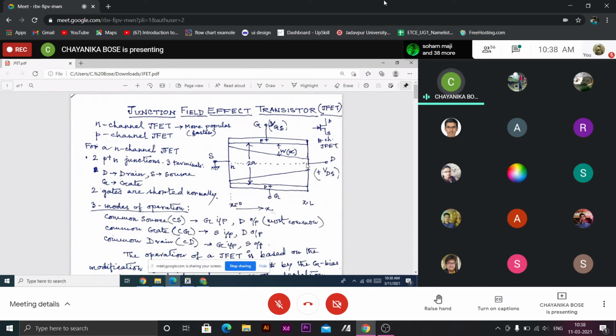The particular reverse bias for which Wx is a at the drain end, because the drain end gets the most positive potential, the channel adjacent to the drain region gets maximum reverse bias across this P+N junction. So when Wx is a, the depletion regions from the two opposite ends will touch each other.